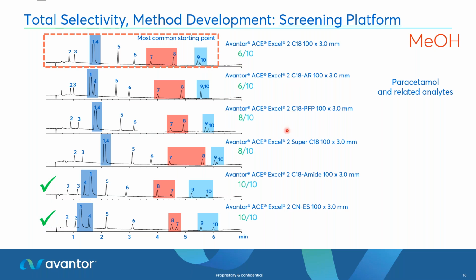As you go through the different column chemistries, and I've tried to highlight this in the boxes, you can see different resolution is achieved on those critical peak pairs. So I've already got better resolution here on the aromatic, the C18 phenol type column, between peaks 1 and 4. And those are a problem on a lot of the chemistries, but this amide, the polar embedded phase, pulls them apart really nicely.